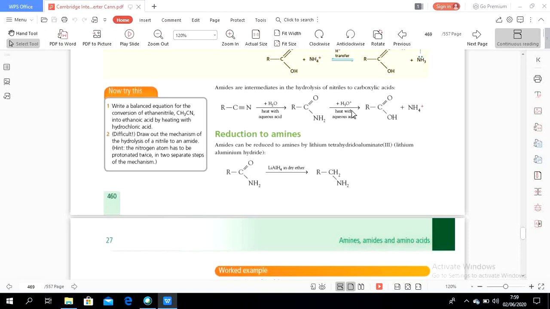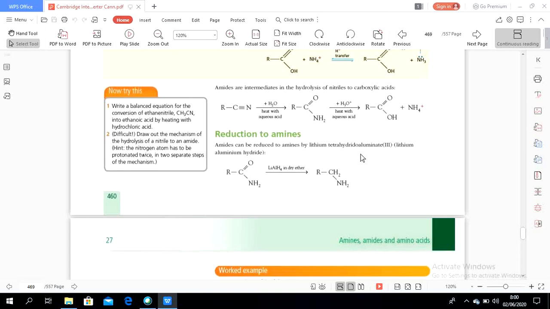So how do we make a nitrile become carboxylic acid? The nitrile must be converted into an amide, and then the amide goes to carboxylic acid. We know the amide is an oxidation product. So if it is oxidation, then it means the amide can be reduced. So amides are reduced into amines.